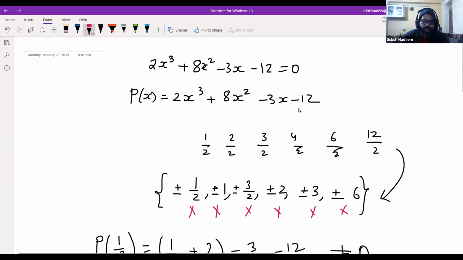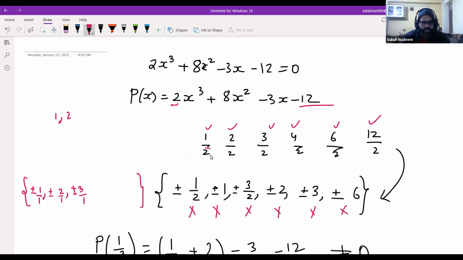Which means that possibilities are not only these, possibilities are also what other factors of 2 are possible. As we said, we have factors of 12 as 1, 2, 3, 4, 6, 12. Similarly, factors of 2 will be 1 and 2. So in that case, plus minus 1 by 1 also, plus minus 2 by 1, plus minus 3 by 1, just where we inserted 2 in the denominator everywhere.